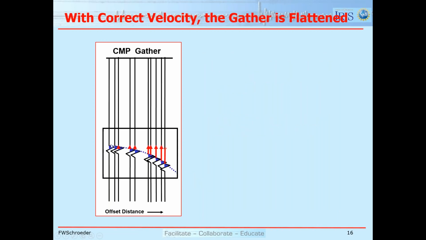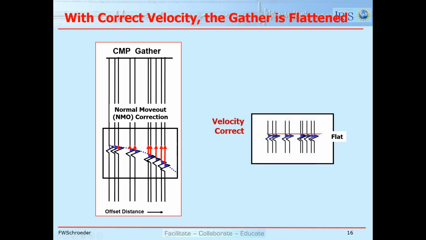So we can calculate what that delay is and try to adjust these hyperbolic reflections so that they'll occur at the time that they would have come in if there was no offset between the shot and the receiver. So we're trying to get things back to a 0 incident reflection.